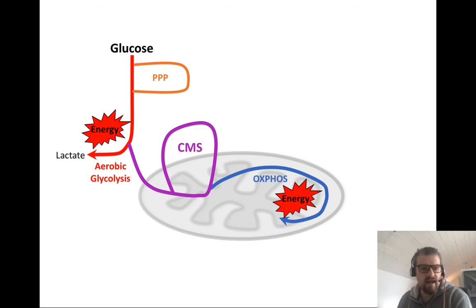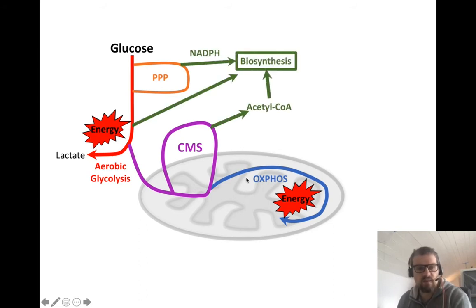And this configuration allows you to make energy. So the high flux through glycolysis is inefficient for making energy, but still the high flux means you're still making a good amount of energy, and then you're also generating more efficient ATP through oxidative phosphorylation. As well as this, you're supporting biosynthesis. The high flux through these pathways allows you to generate amino acids such as serine and alanine, and to generate acetyl-CoA for biosynthesis.